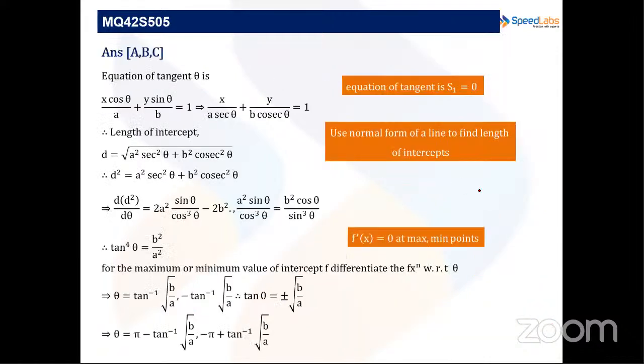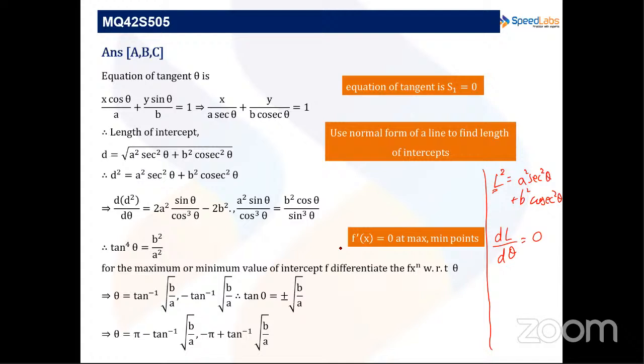So find the value of L square first. L square equals a square sec square theta plus b square cosec square theta. We need to find the minimum value of L. For that, we know that differentiation of L with respect to theta will be 0. So dL by d theta will be 0.